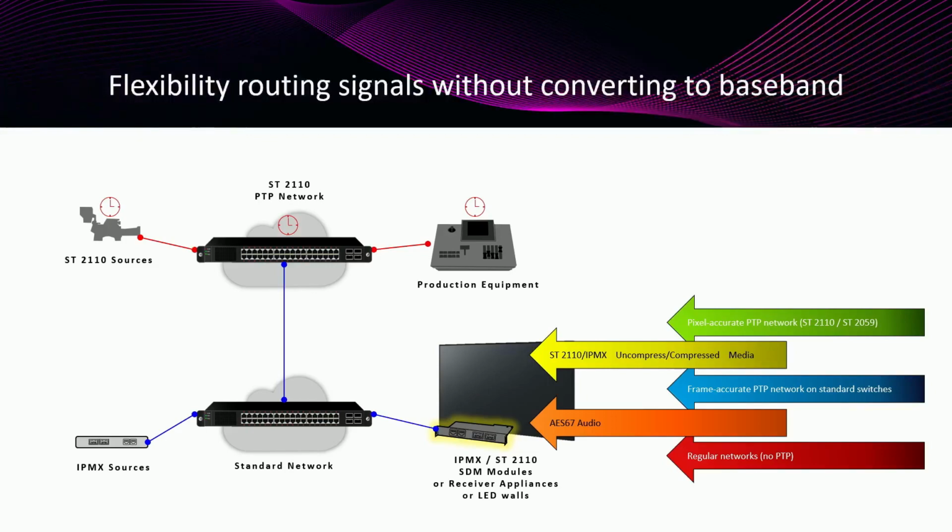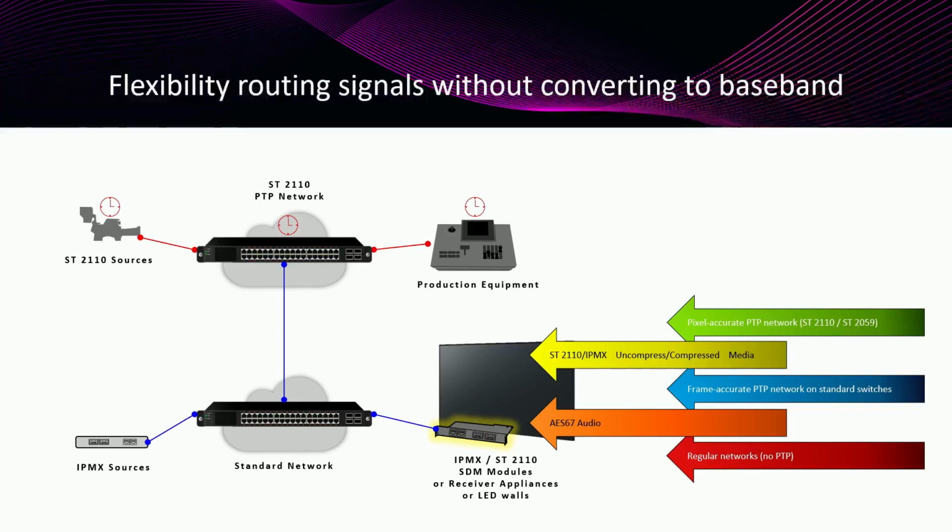With the types of displays that I just described that are IPMX enabled, these displays can receive content from IPMX sources on the blue network, and they can also receive content from the red sources on the red network here. So the content from this camera can be displayed on this display. Whatever's on this device on the blue network can also be displayed on this display.